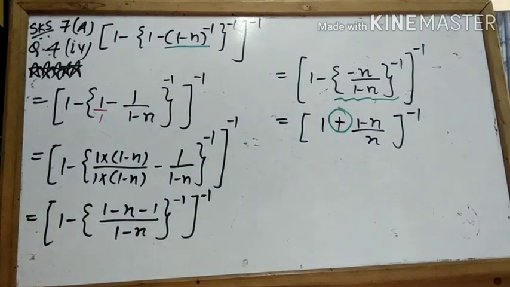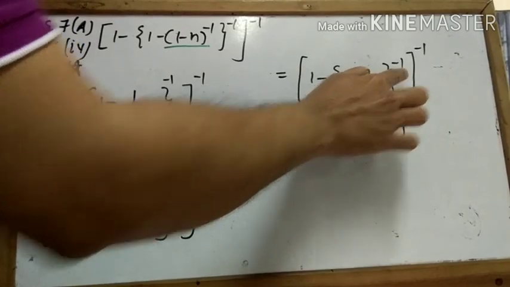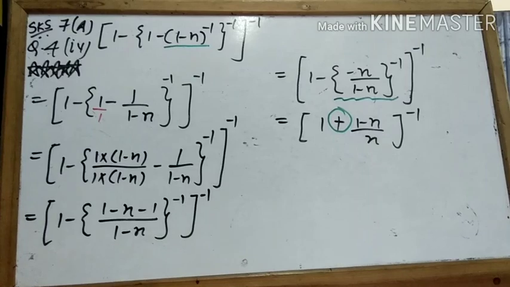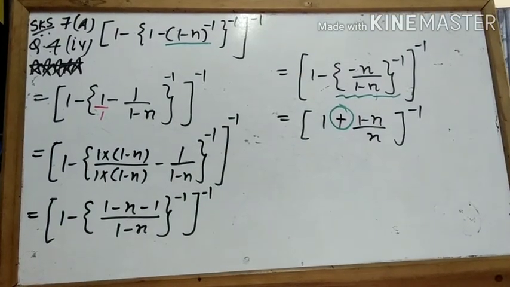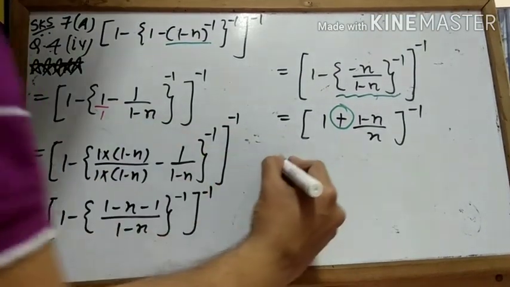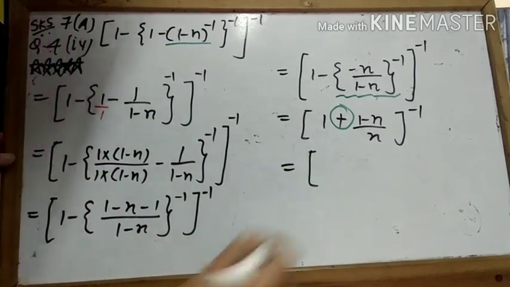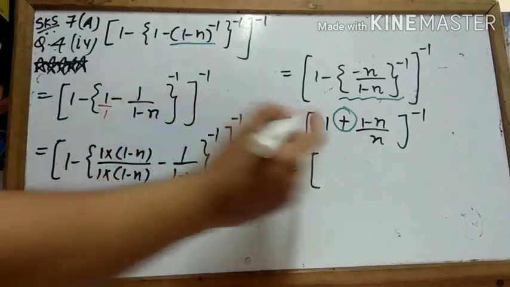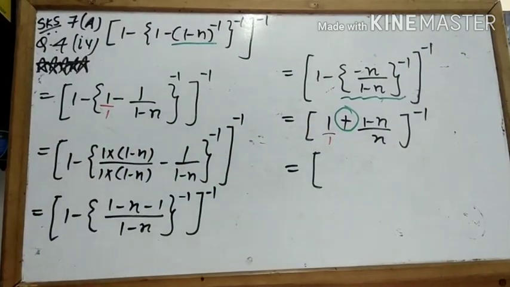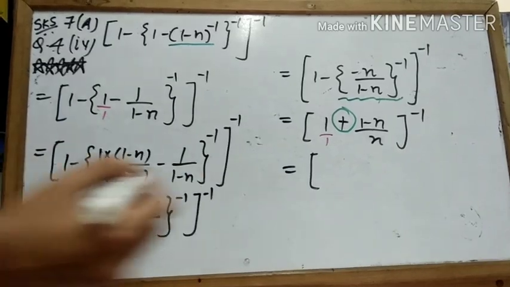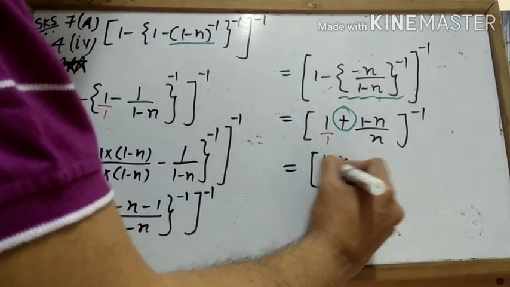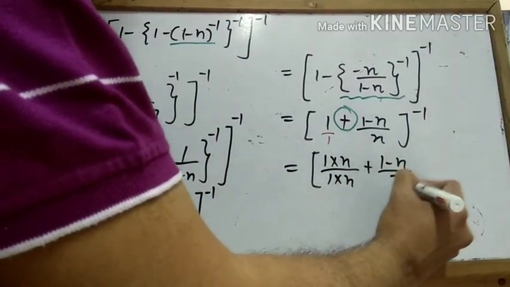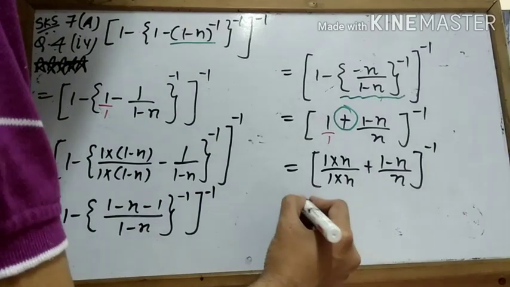Now, let me tell you, here the power was -1, and we have discussed that particular rule that x upon y whole raised to -m, we write it down as y upon x whole raised to positive m. Coming to the fraction part again, here in the denominator of the first 1 upon 1, I want to equalize the denominator, so it will be 1 multiplied by n over 1 multiplied by n, plus 1 minus n over n, whole raised to -1.